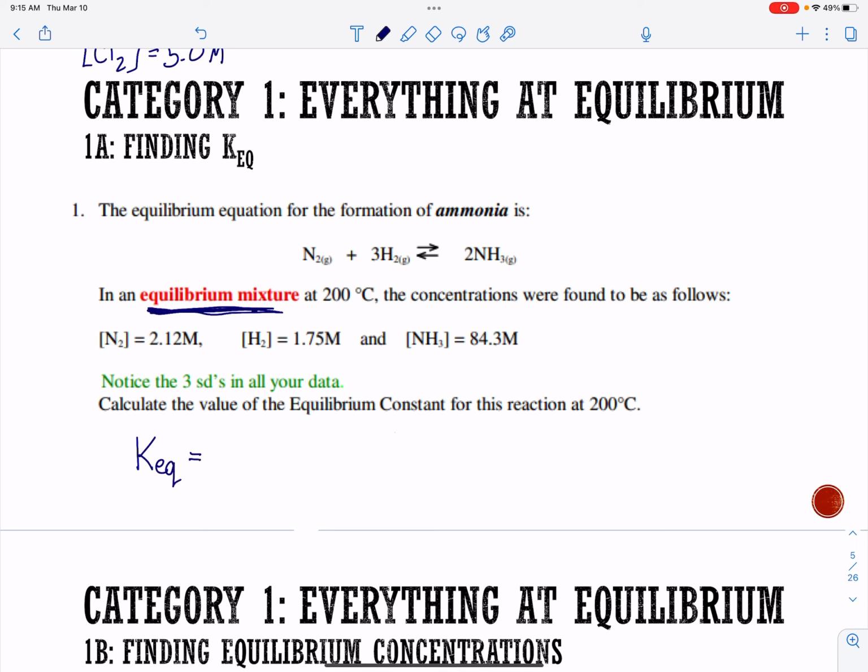KEQ is equal to the products over the reactants. We're going to raise our products to the power 2 because that coefficient. And same reasoning, I'm putting H2 cubed. So we're just going to substitute in those values.